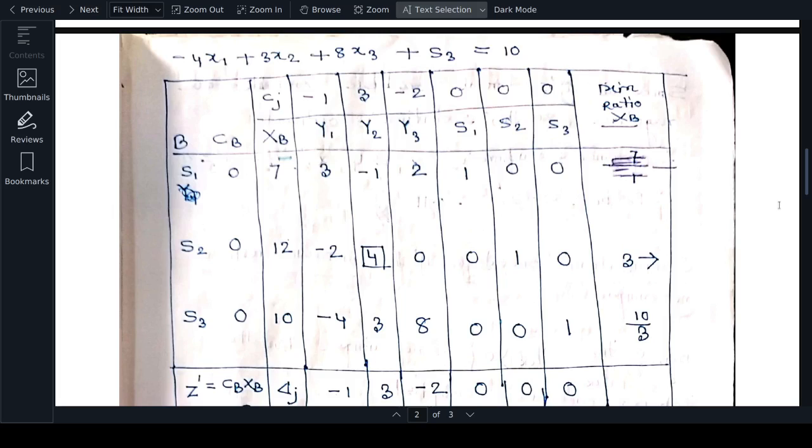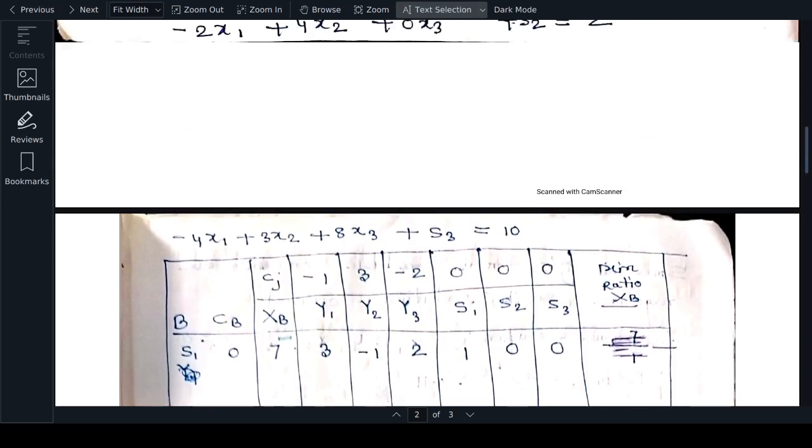So we consider 3 variables equal to 0. Clear? Yes, sir. Sometimes a question may ask which 3 variables are equal to 0.